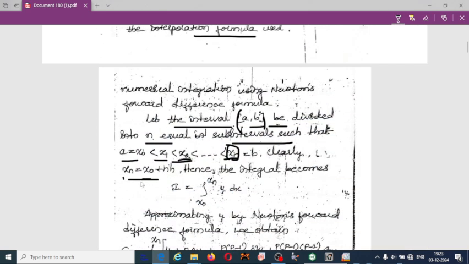If we take the interval x naught to xn, we can write h equal to xn minus x naught by n. This is the formula to calculate the h value, which is divided into the number of intervals.